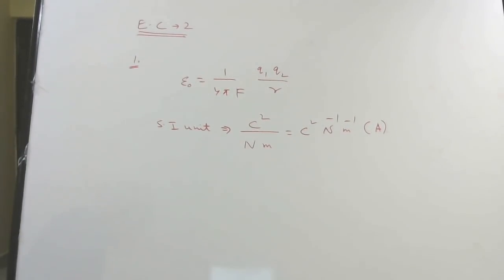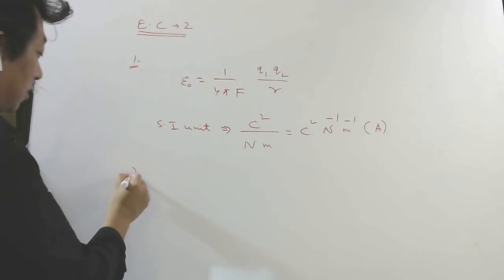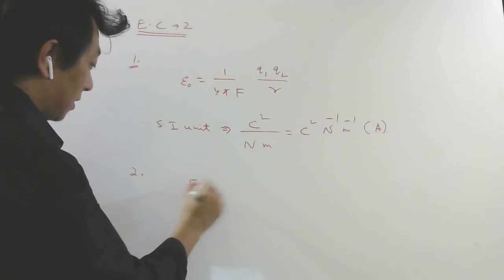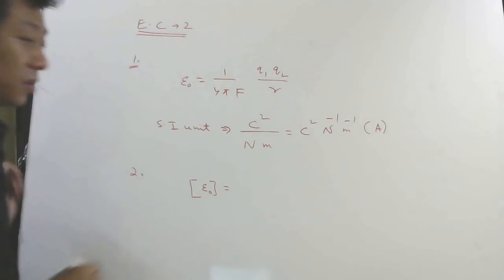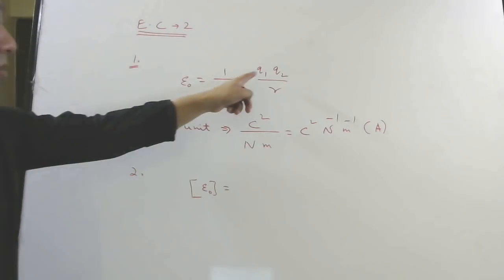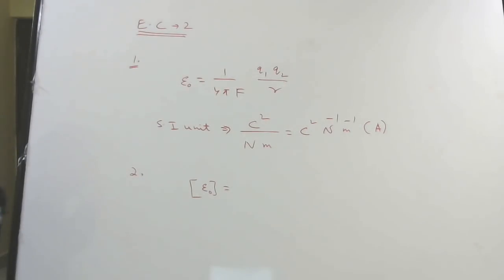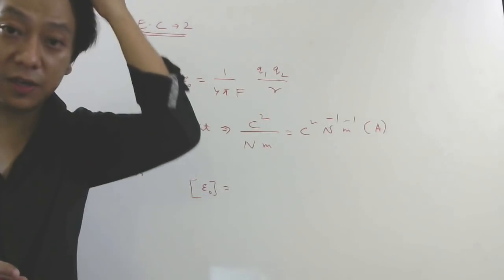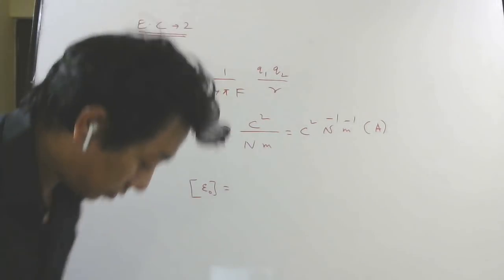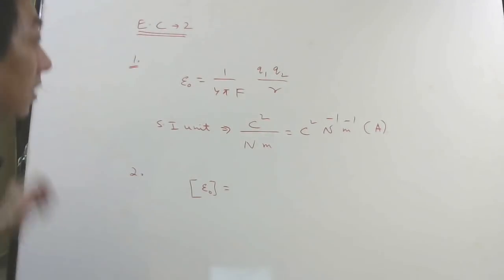Find the dimension of permittivity. So the next question is to find the dimension of permittivity. Now for that you have to know how to write the dimension of charge. Now we know that in the SI system current is taken to be a fundamental quantity, not charge. So how is current defined?